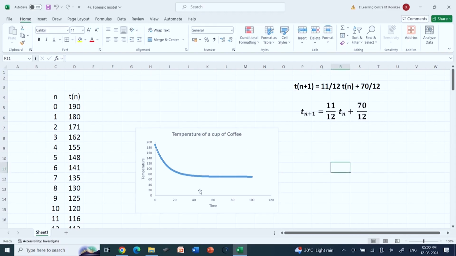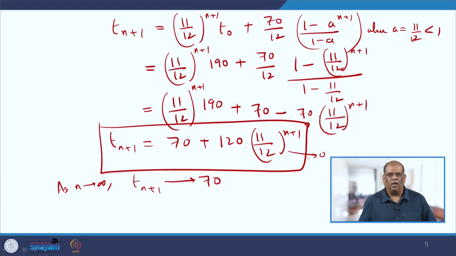So as you can see, with time this approaches the steady state 70 Fahrenheit, which matches with our analytical result. So this is the application of Newton's law of cooling.